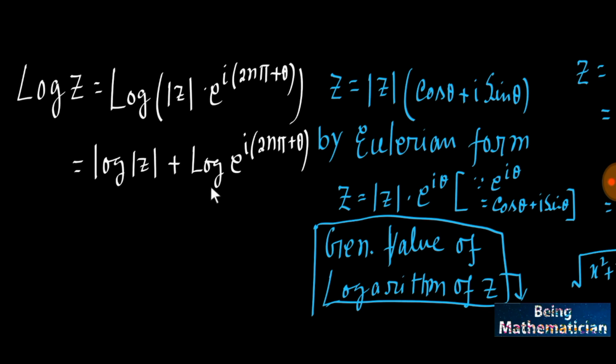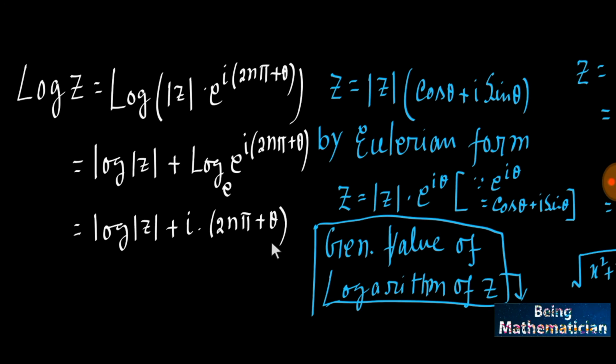Now the base of this logarithm is e, so we can write i into (2n pi plus theta).